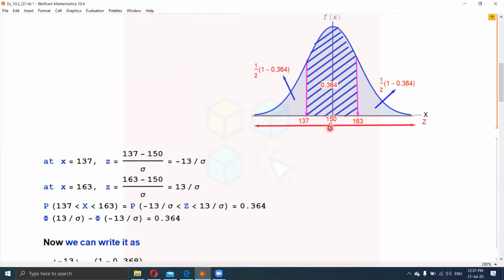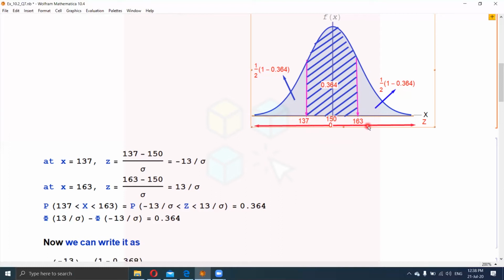The mean of the standardized normal variate is 0, and corresponding values of 137 on the z and 163 on the z we have to find by the standardized variate z score, which is obtained as 137 minus mu. Mu is 150 over sigma, and sigma is unknown, so it would be sigma, and the result is minus 13 by sigma. And similarly at x 163, its value is 13 by sigma, and the area between these 2 points, minus 13 by sigma is here and plus 13 by sigma is here.